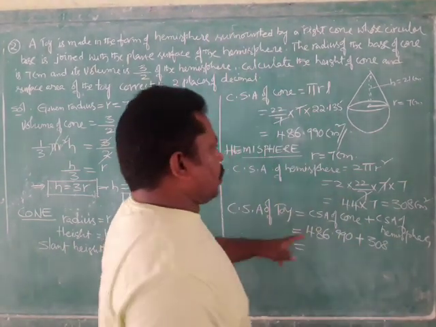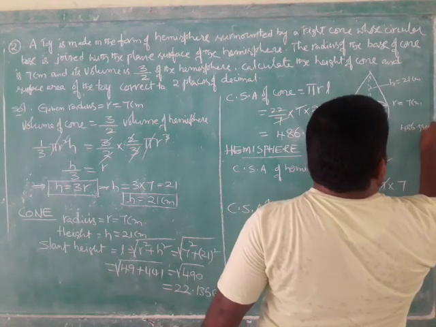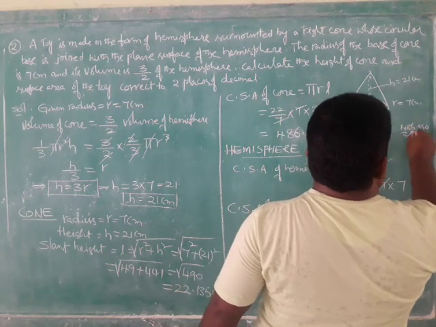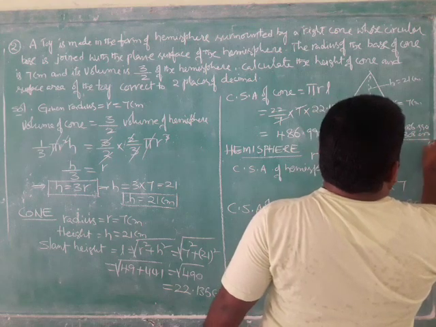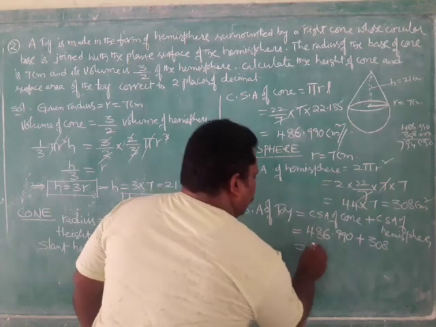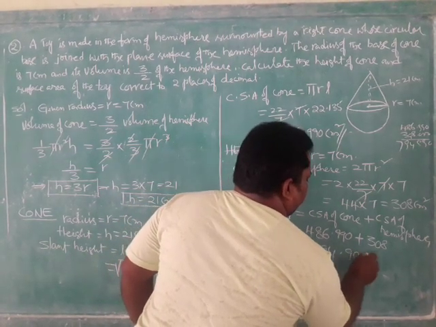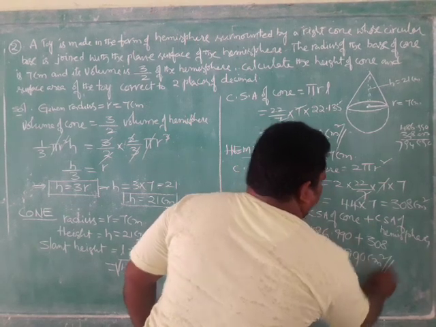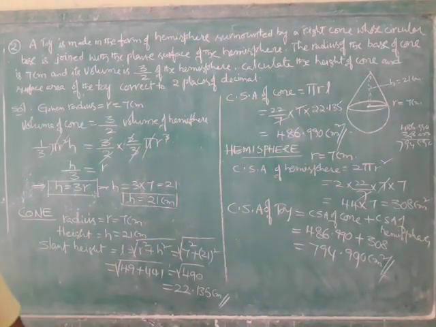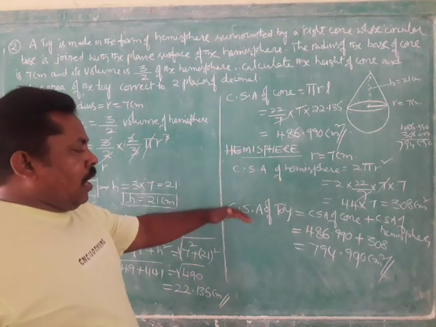If you are adding these two, 486.990 and 308.000, we get 794.990 centimeters square. Okay children, that is the curved surface area of the toy.